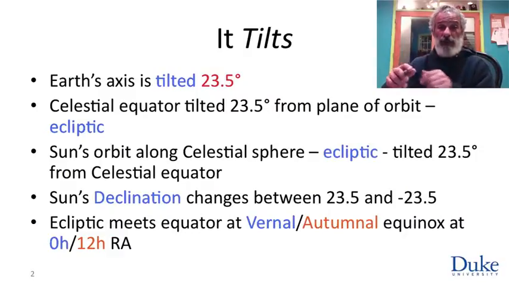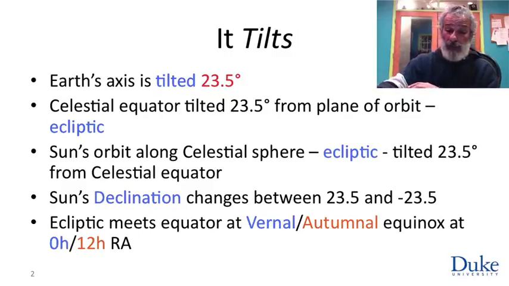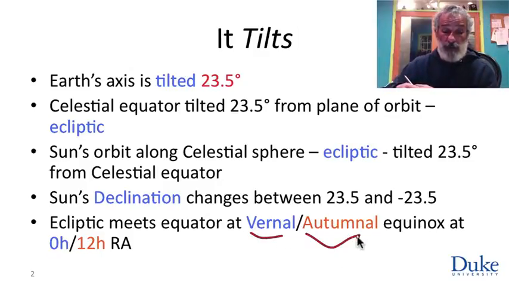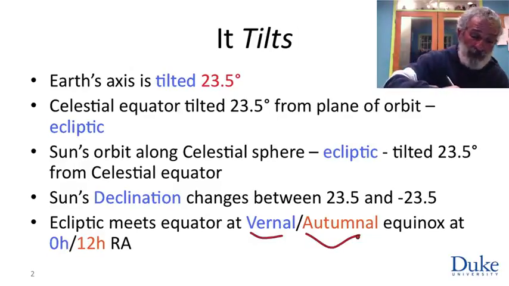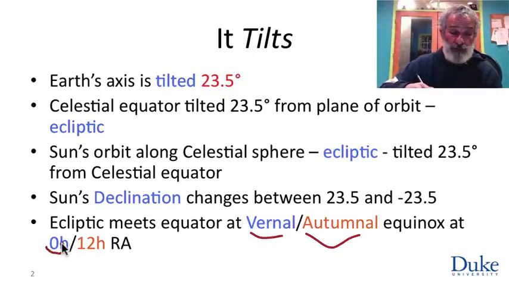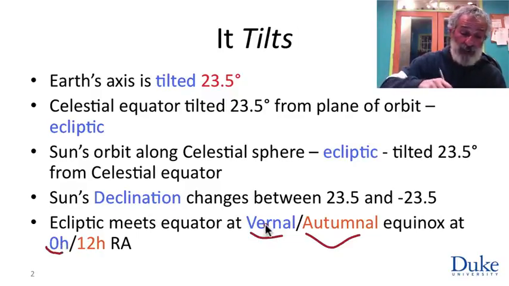Those are the positions along the Sun's motion when it is along the celestial equator, and the names of those points are the vernal and the autumnal equinox, for reasons we'll talk about in a minute, and these, it turns out, are the positions which, by convention, we chose to define the prime celestial meridian of 0 hours of right ascension. So when the Sun is at the vernal equinox, it is at 0 hours of right ascension.